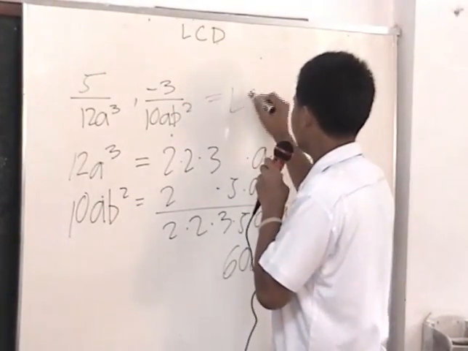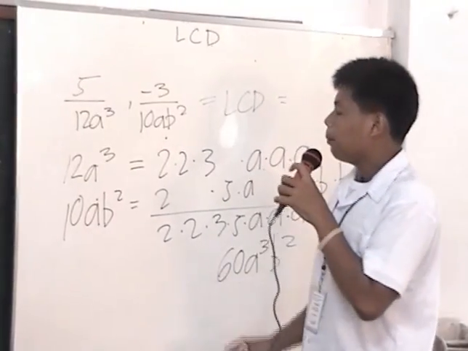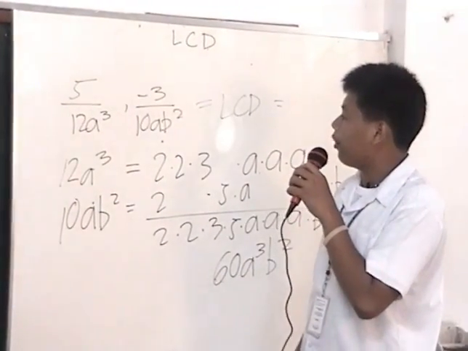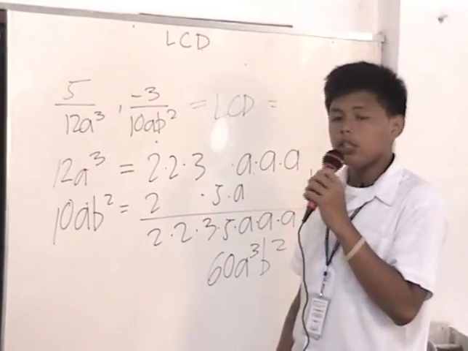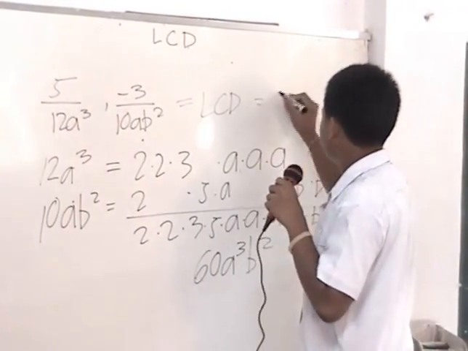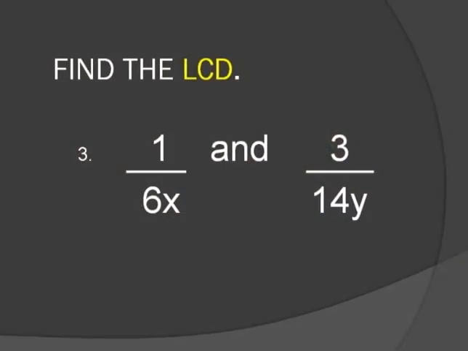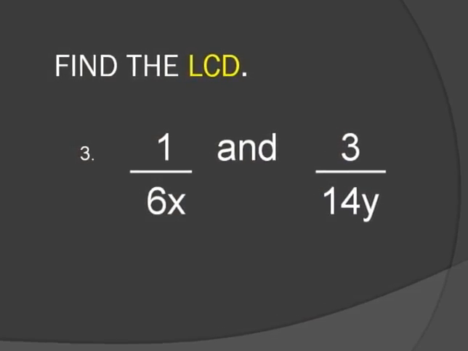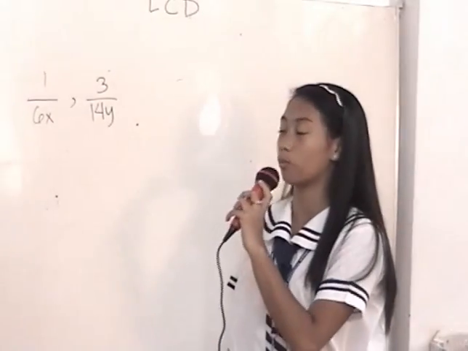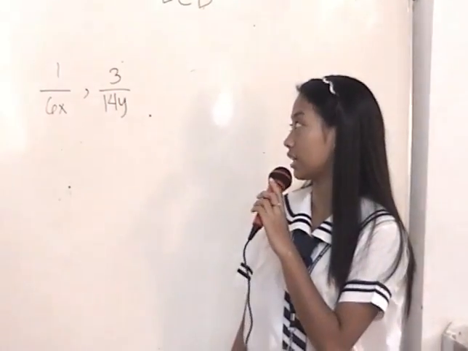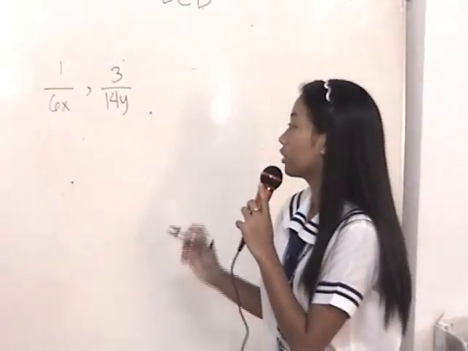And the LCD of 5 over 12A cubed and negative 3 over 10AB squared is 60A cubed B squared.